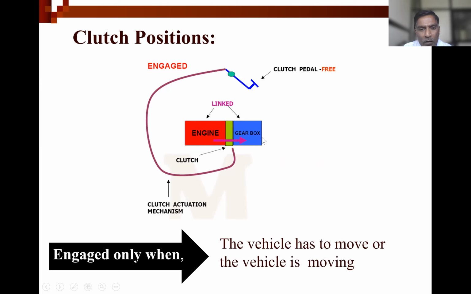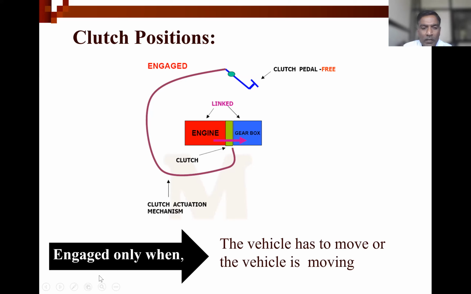So a continuous arrow is shown, and this cable indicates the clutch actuation mechanism. Now the clutch pedal is free, so we are just releasing the clutch pedal, that will provide the engaged position, and accordingly power is transmitted from the engine to the gearbox via the clutch.